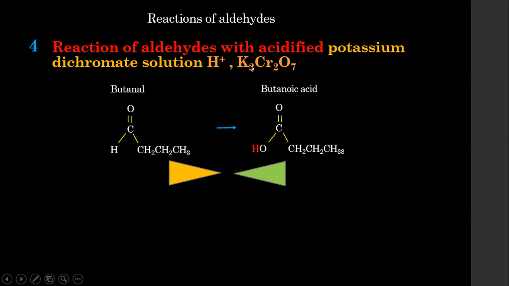You can forget about potassium and take the dichromate ion. The dichromate ion is orange, Cr₂O7 2-. In a reduction reaction, it changes to a green solution which contains chromium 3+. You can calculate and see later.